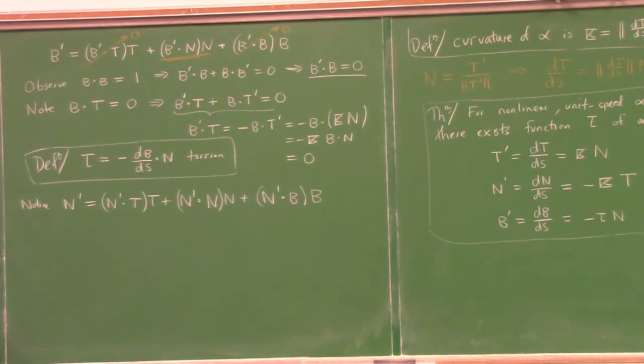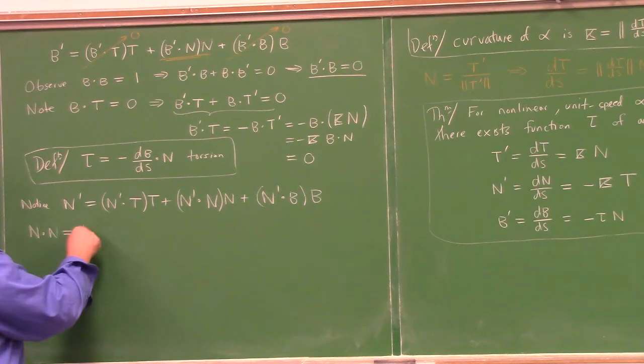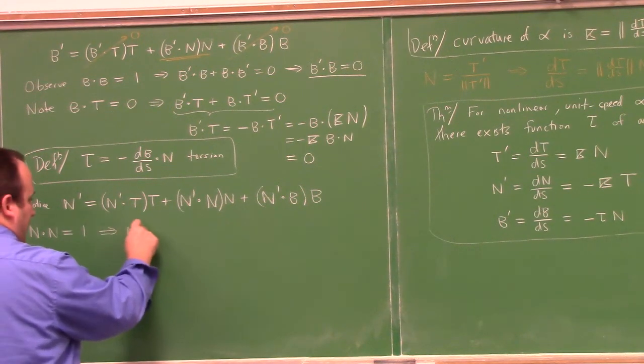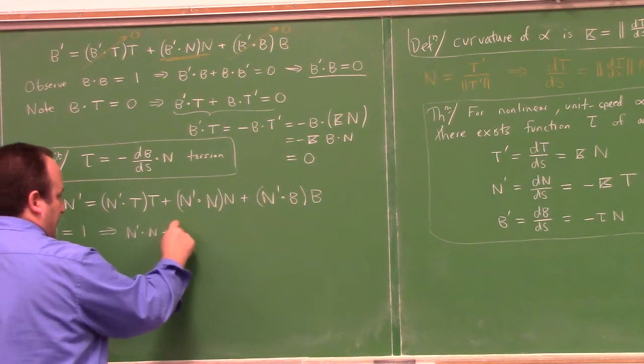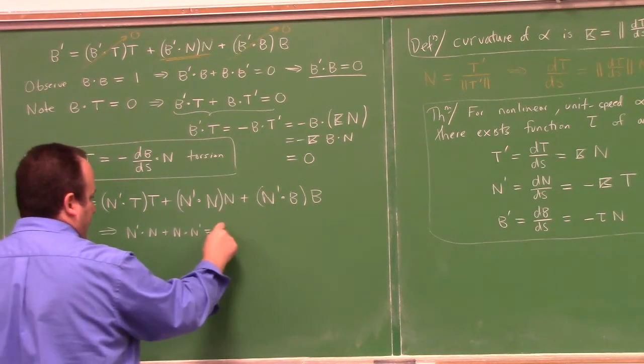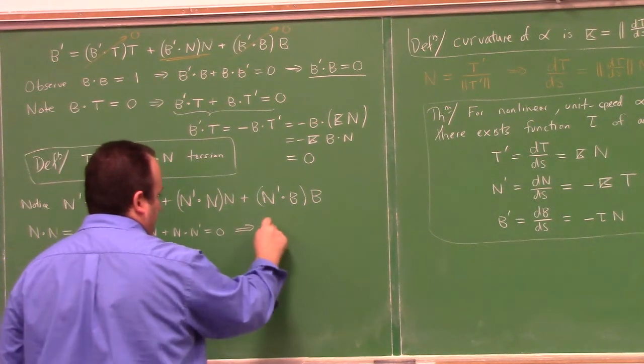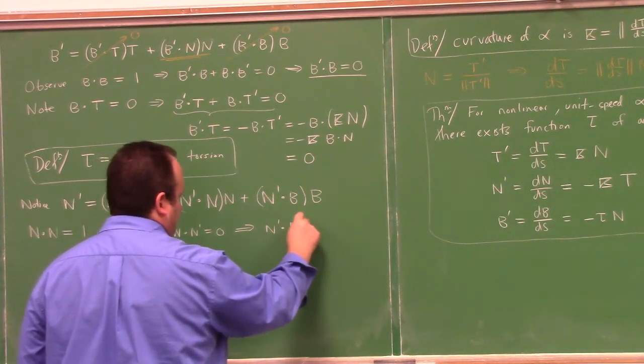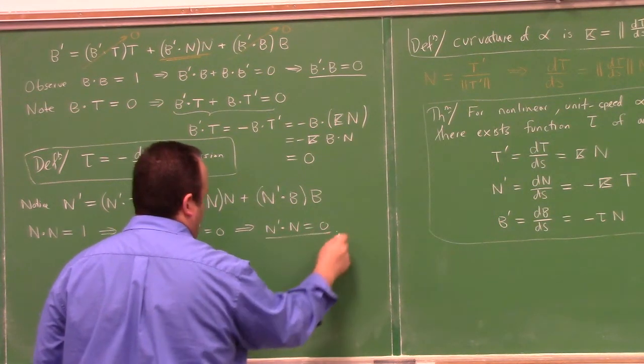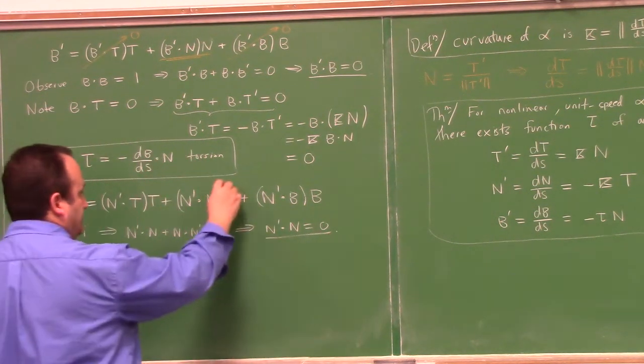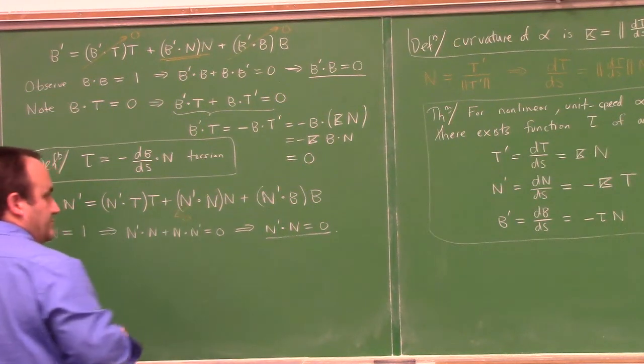And once again, n dot n is what? 1, which implies that n prime dot n plus n dot n prime equals 0. So therefore, n prime dot n equals 0. So that piece is gone. Right?